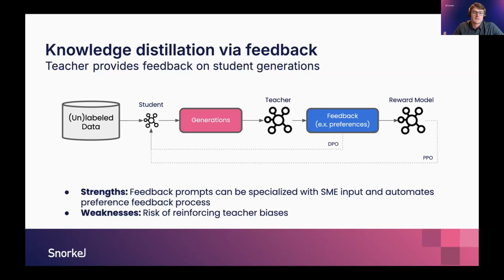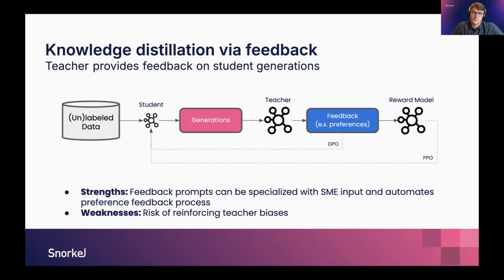The strengths of this approach is that feedback prompts can be specialized with subject matter expert input. So you can create a rubric to define what you value in generations. And this automates the preference feedback process. And by distilling the preference knowledge in a teacher language model into a scalable, fast reward model, you could make alignment of the student something more scalable.